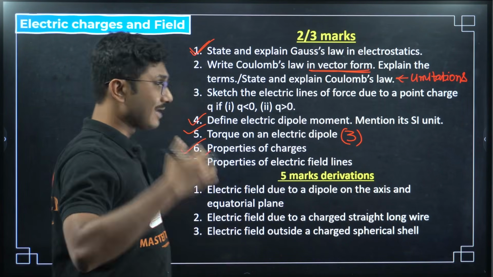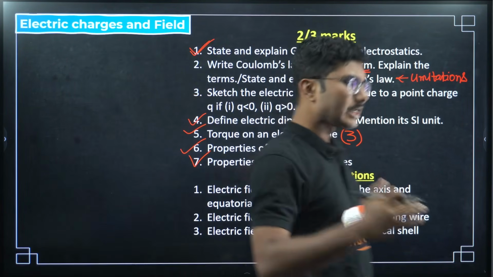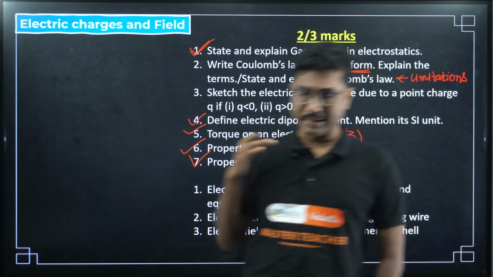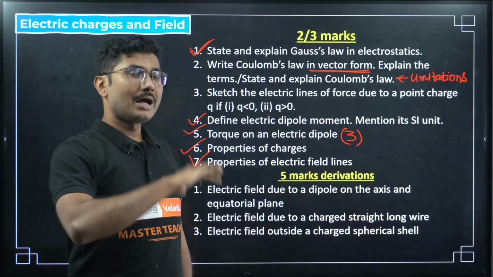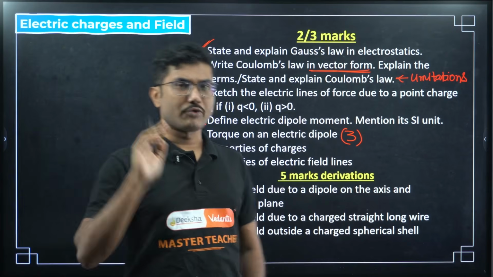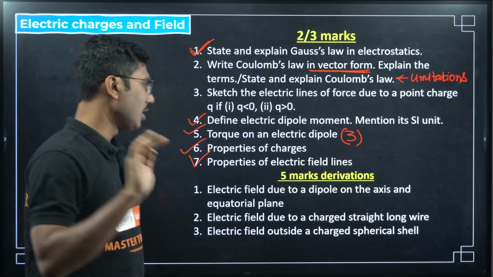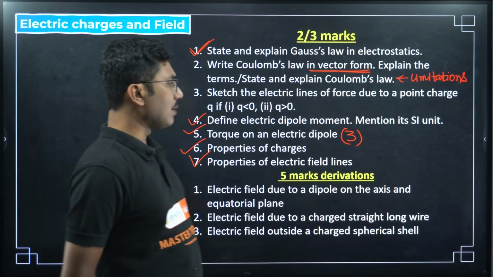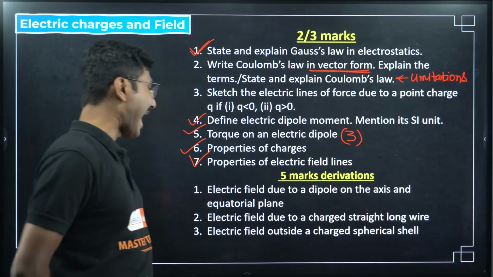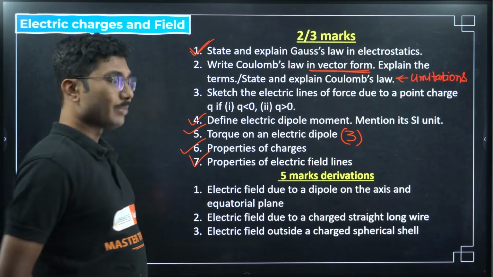5-marker question. So there is a chance that there will be a 5-marker derivation from this chapter, or a 5-marker numerical. Either a derivation or a numerical will come from this chapter, that is for sure. Now what are all the 5-marker derivations? Electric field due to a dipole on the axis and equatorial plane.